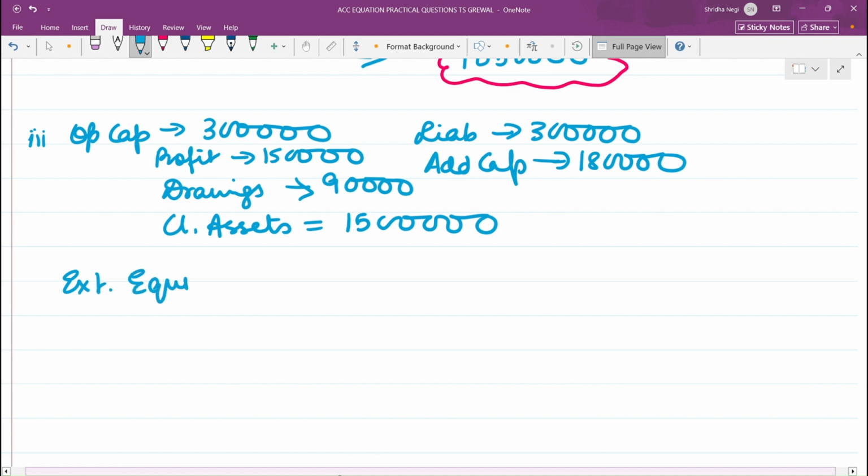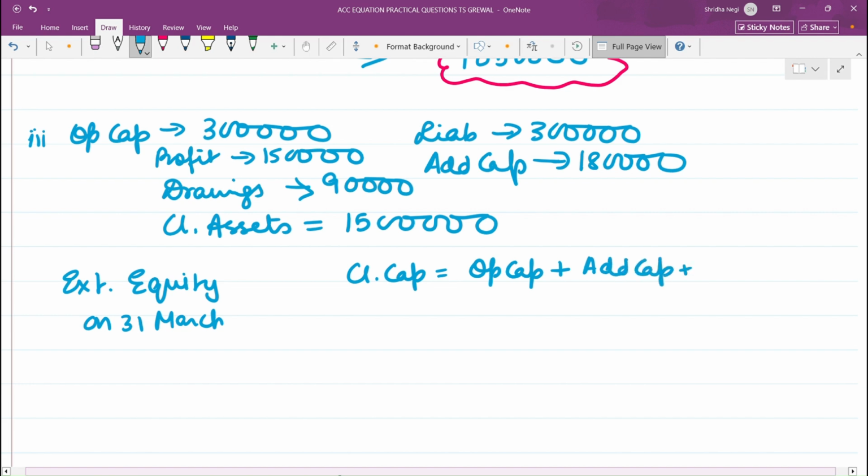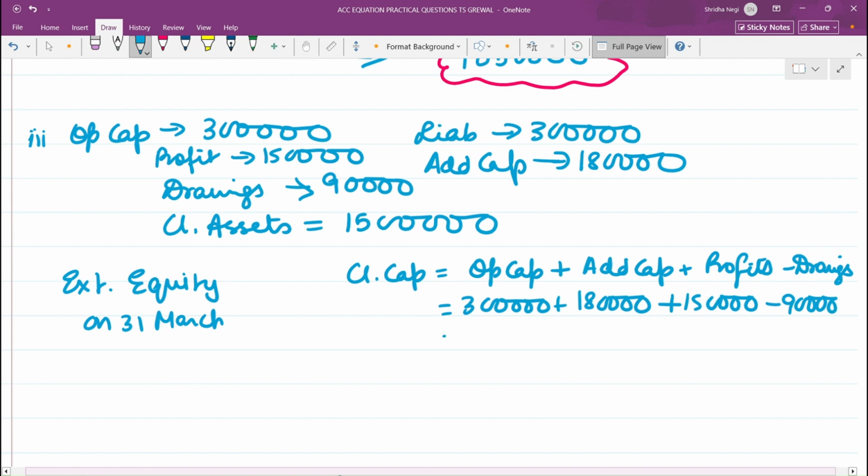Now you have to calculate the external equity on 31st March, the closing one. So first we are going to calculate the closing capital. This will be opening capital plus additional capital plus profits minus drawings. Opening capital is 3 lakh, additional capital is 1,80,000, profits is 1,50,000 and drawings is 90,000. Let's add it: 6,30,000 minus 90,000.